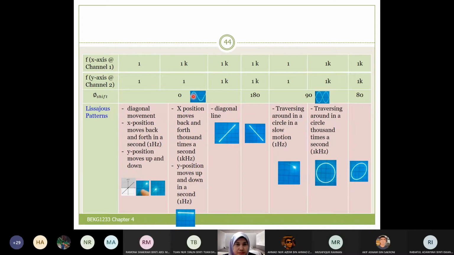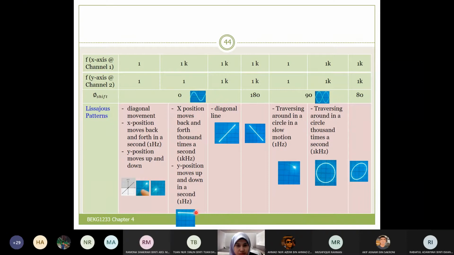It is redundant, but if we want to see the Lissajous pattern, we turn the time division knob to XY mode. The x position moves back and forth 1,000 times in a second, because of 1 kilohertz.